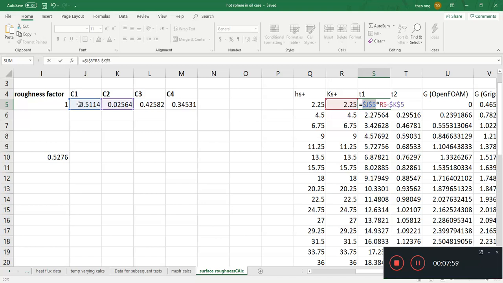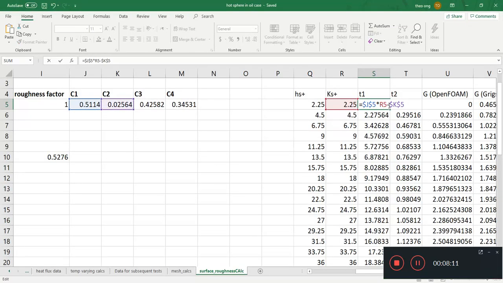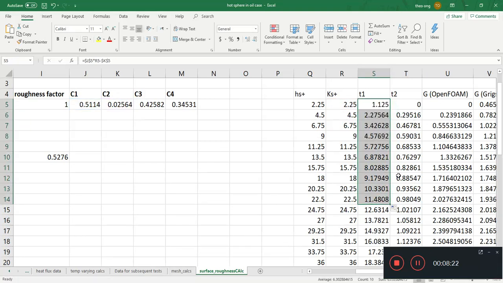So that's C1, times R5, which is the Ks plus, minus C2. C2 is here, K5, and I lock the cell. Then I just pull down, and it gives you the correct values.